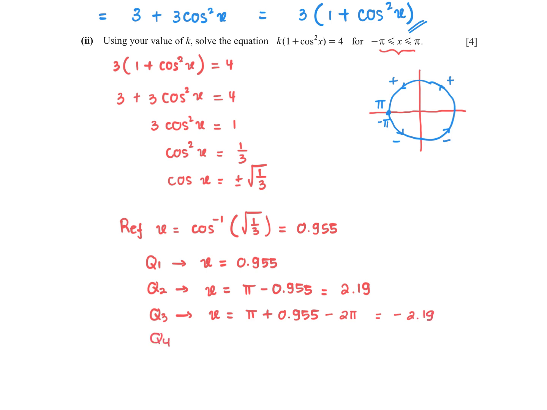And in quadrant 4, x is 2 pi minus 0.955. But then again, based on the domain, the quadrant 4 angles are also in a negative direction. I subtract by 2 pi, and the answer is negative 0.955. Finally, there are 4 solutions for x.